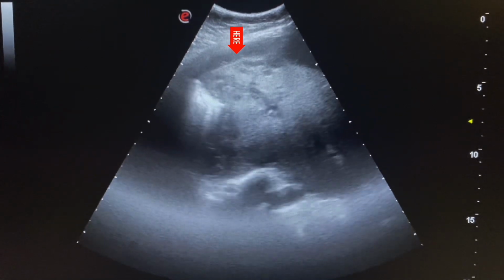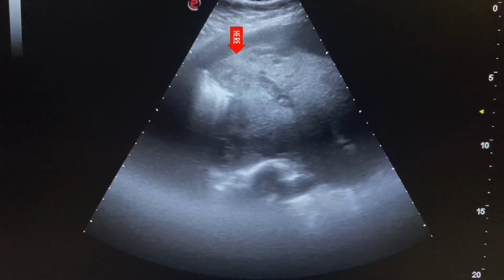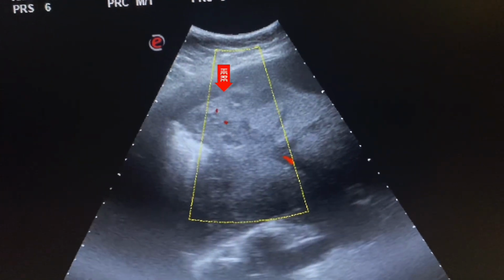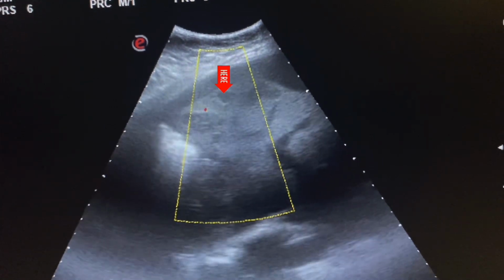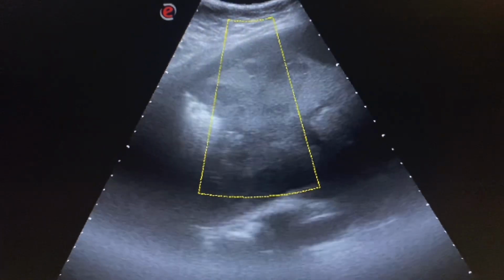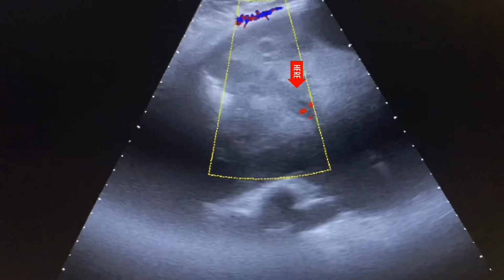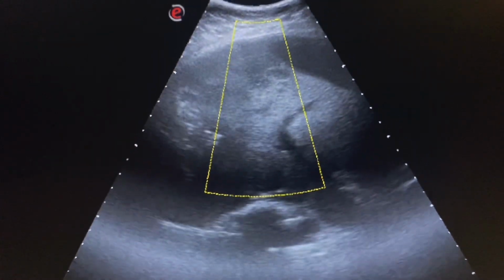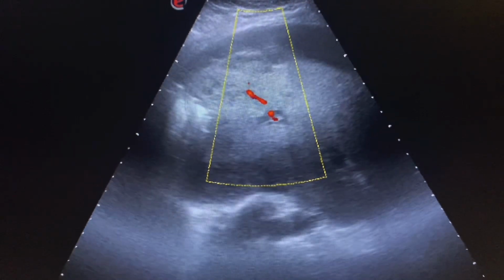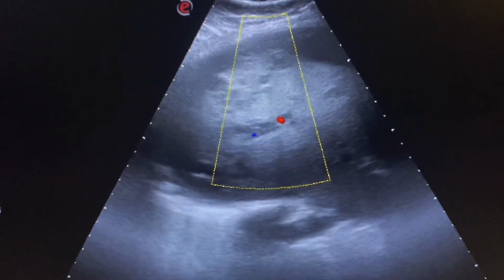Here we see the heterogeneous lesion is continuous as branching. Now on color Doppler there is no flow in these focal lesions, but we see the arterial flow, which is continuous or maybe sub-interrupted.